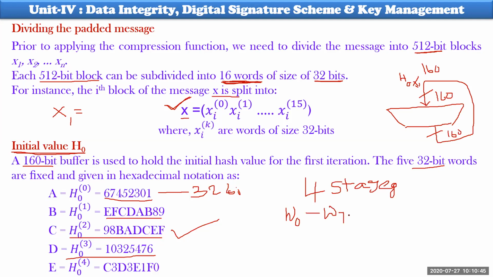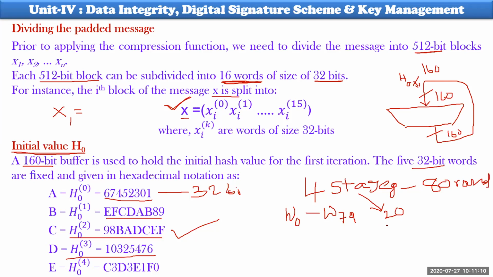We already said that SHA takes 80 rounds. Each stage operates 20 rounds: first stage 20 rounds, second stage 20 rounds, third stage 20 rounds, and fourth stage also 20 rounds. So totally 4 times 20 is 80 rounds.